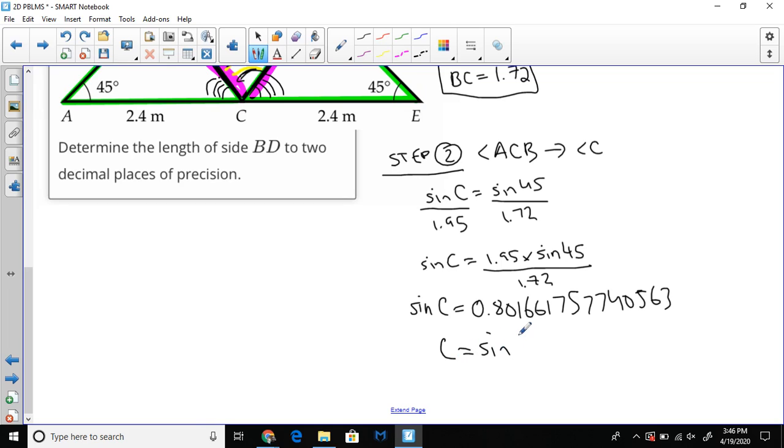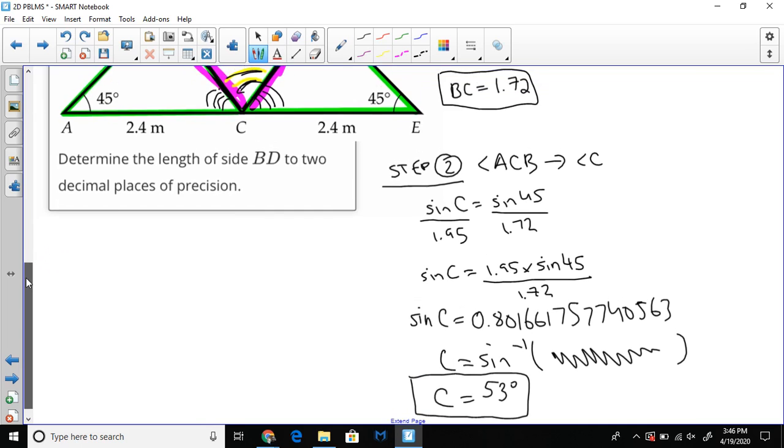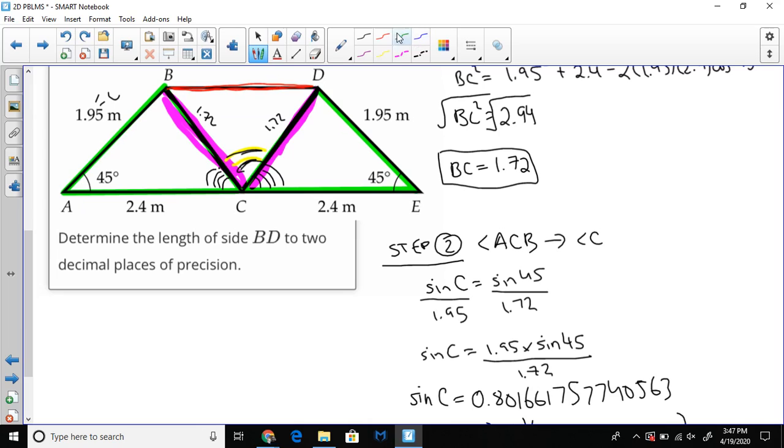Then I do the sine inverse of this whole thing, using the second function sine. So I got approximately 53 degrees. So remember, what did we just figure out? We said that this one here is 53, but then this one also has to be 53 because that's the same triangle, just on the other side.